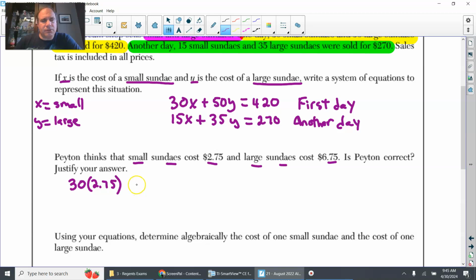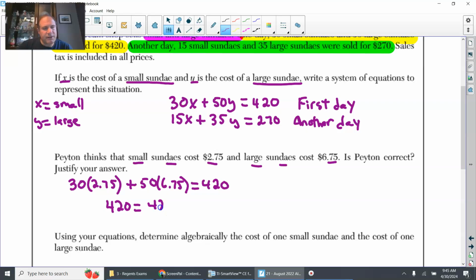So 30 times $2.75 plus 50 times $6.75 equals 420. Put this directly into your calculator, and you will get 420 equals 420. So that works. But you can't say Peyton is correct yet, because you have to check the second equation.